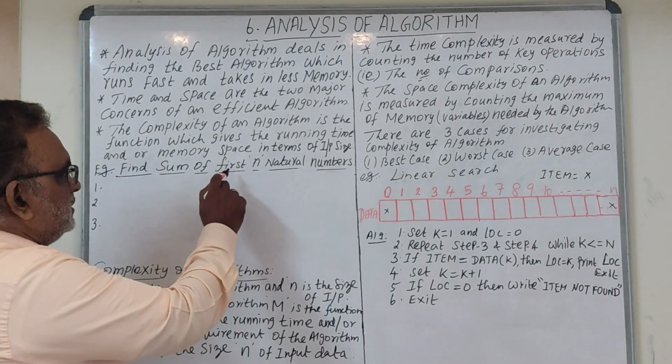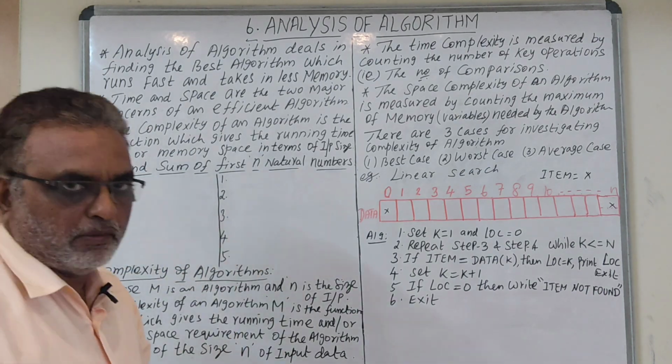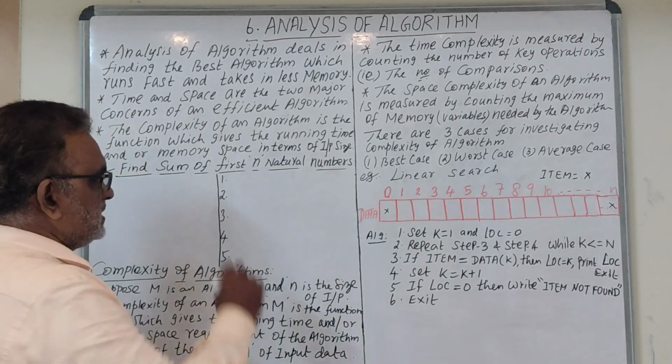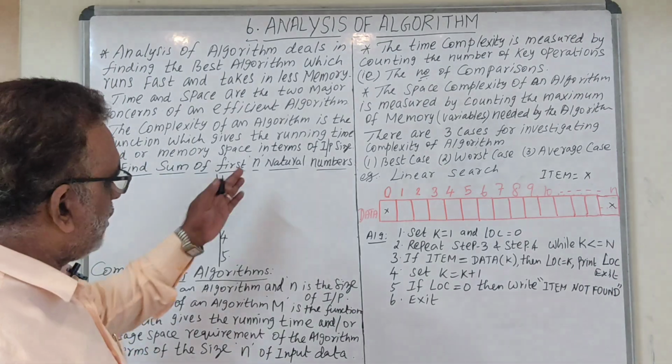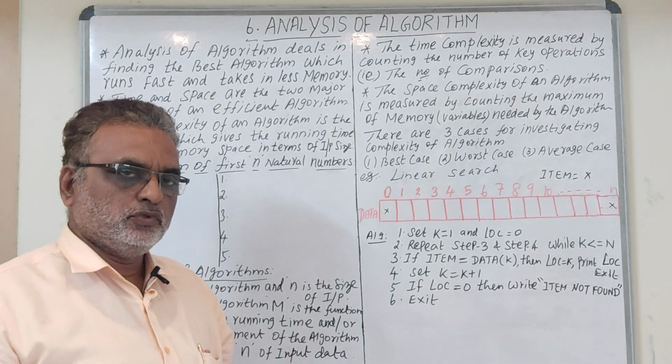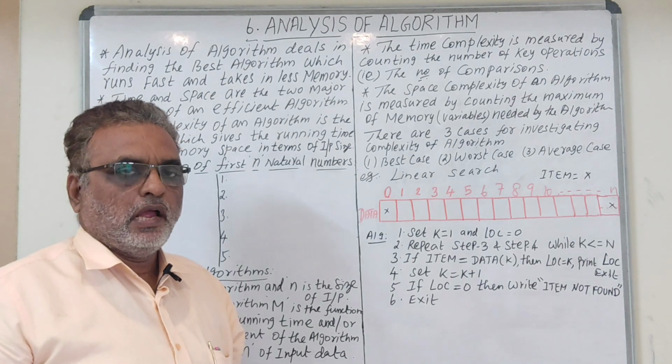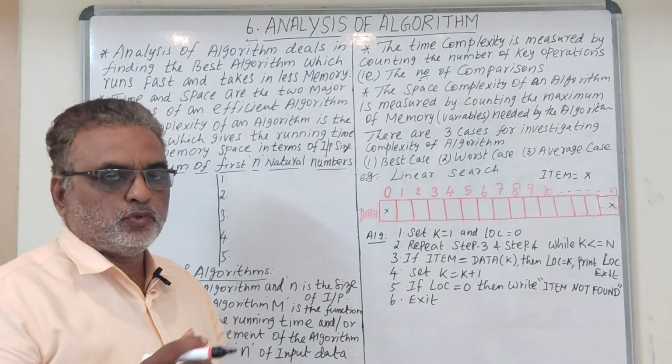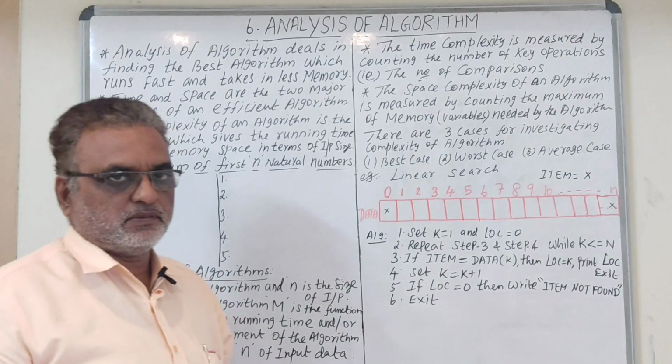Find the sum of the first n natural numbers. So this is the given problem. In order to solve this problem, we have many solutions, and among them I am going to give you two different solutions.